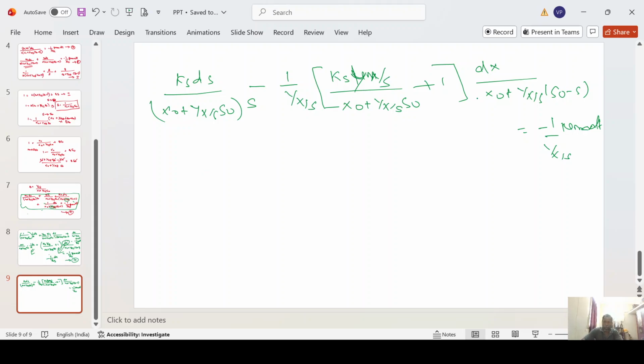Now this part could be replaced as x alone. Then this could be rearranged.